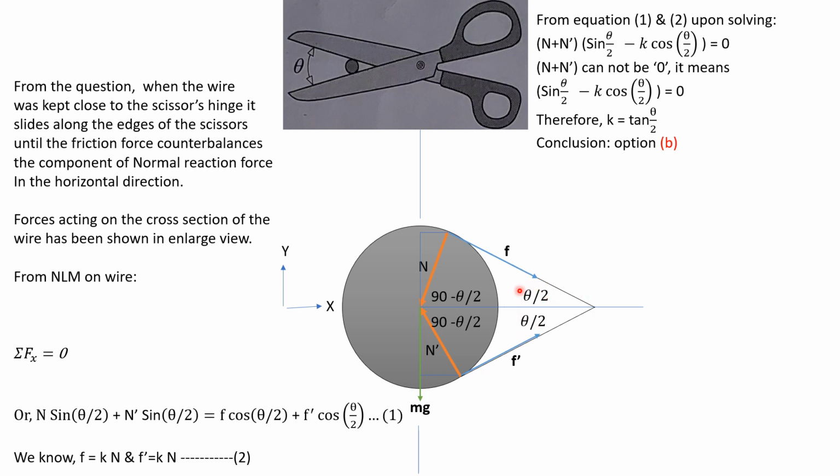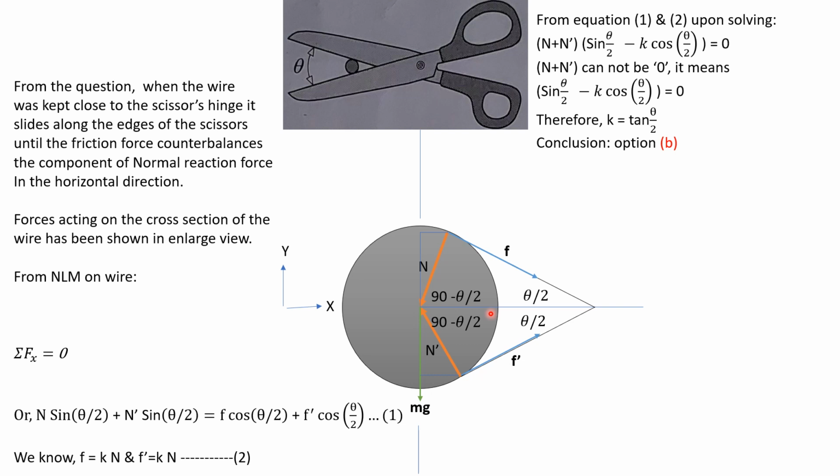That is why this angle is theta by 2 and this angle is theta by 2. Now in this triangle, this angle is 90 degrees, so this angle becomes 90 minus theta by 2, and similarly this angle becomes 90 minus theta by 2.